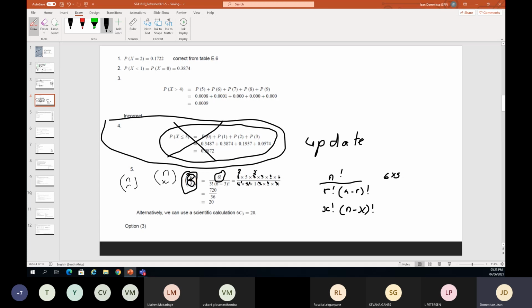So 2 times 5 times 2, it is in the end 20. And you can also see they use the symbol of combination. So basically 6 combination of 3.